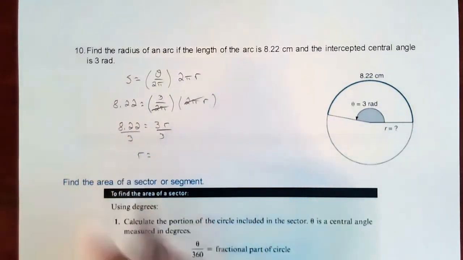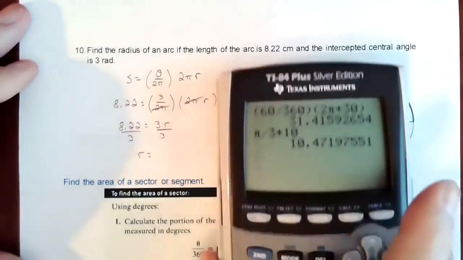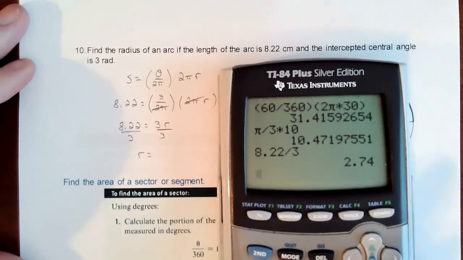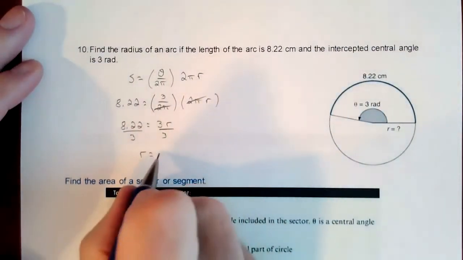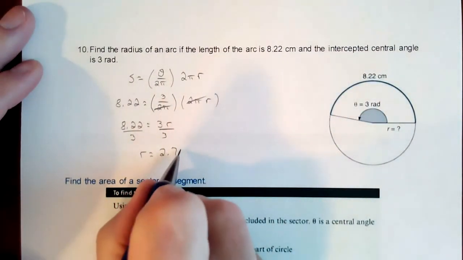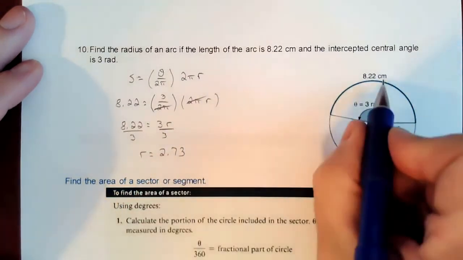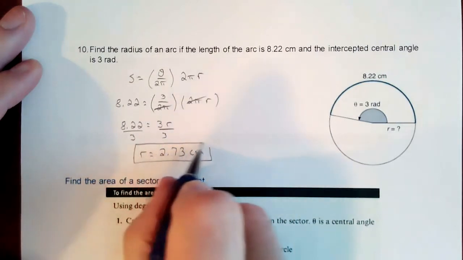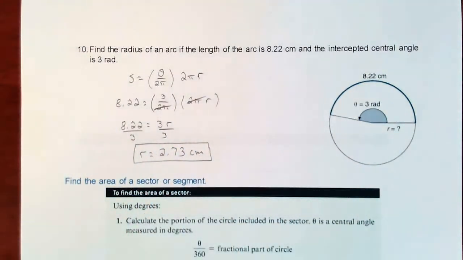Our radius is going to be 8.22 divided by 3, so 2.74, and then it is 2.74 centimeters. That was finding arc length.